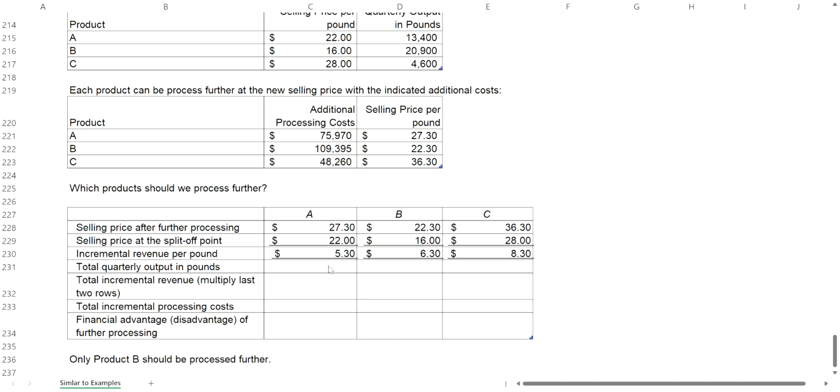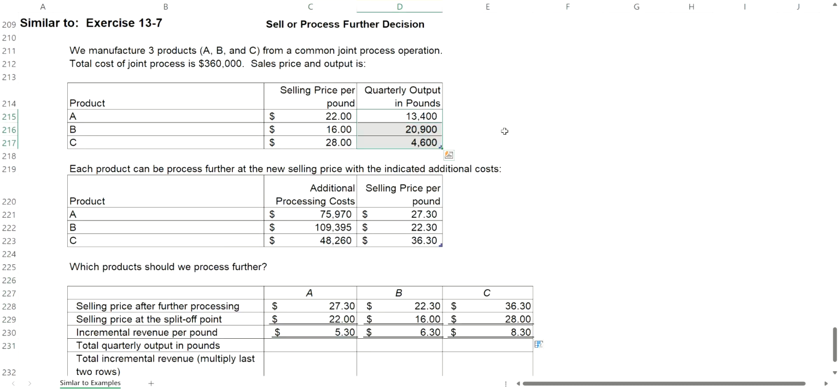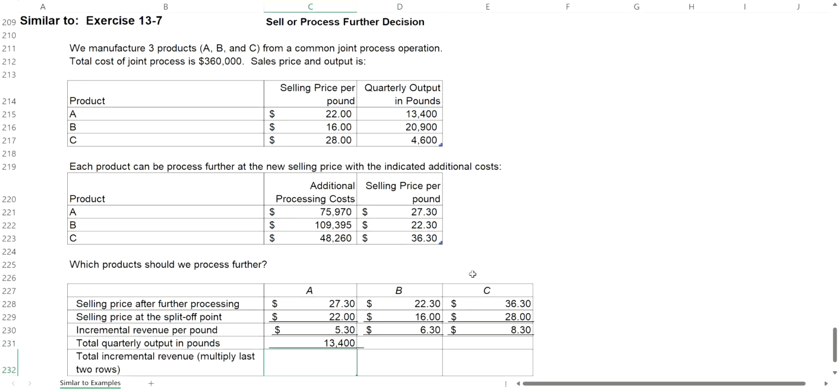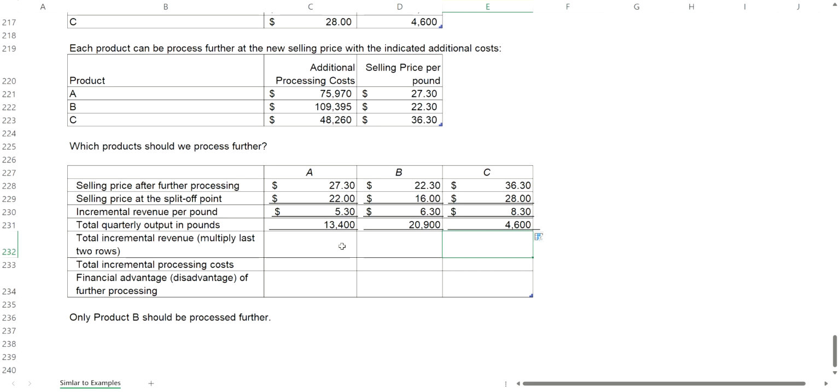Okay, now we want to multiply it times our quarterly output in pounds, which is given right here. So I will bring down, it's 13,400 pounds for A, 20,900 pounds for B, and 4,600 pounds for C.